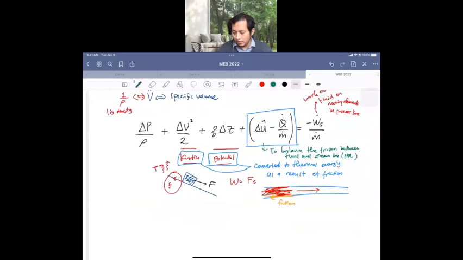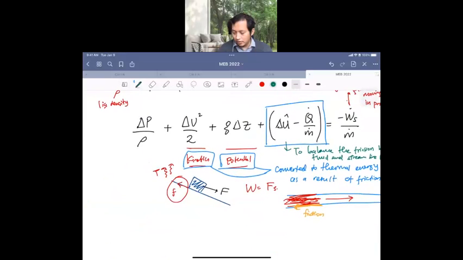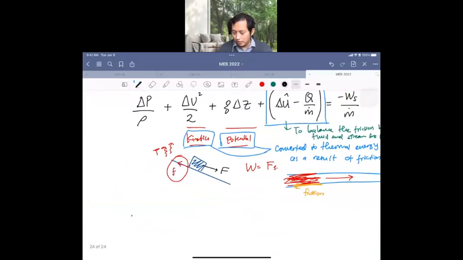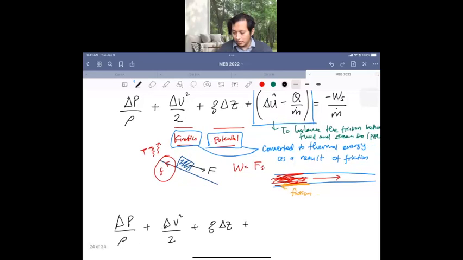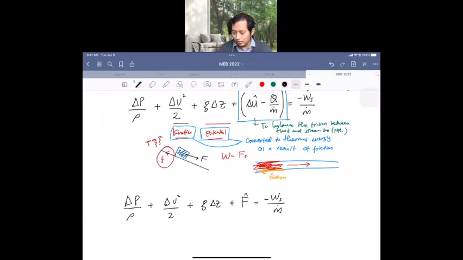So sometimes this whole term, the blue box, we can write as just one symbol, F. And we call this F the friction loss.